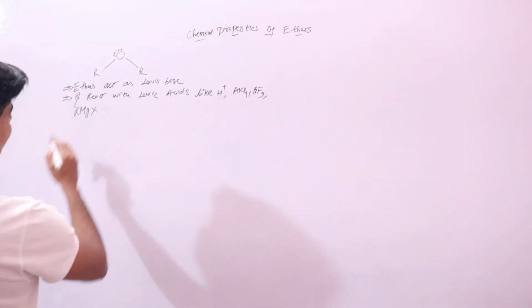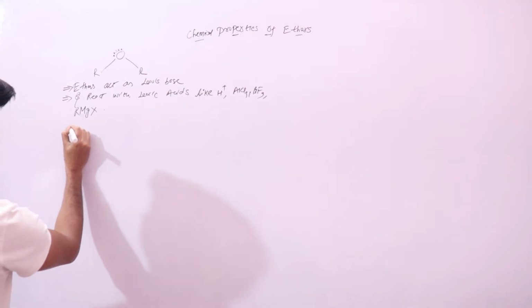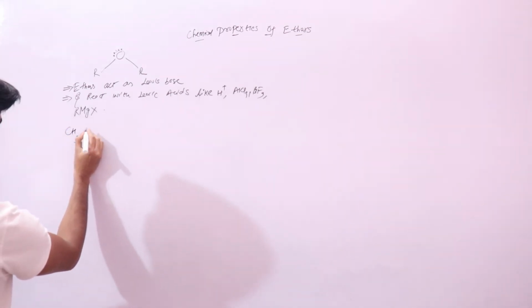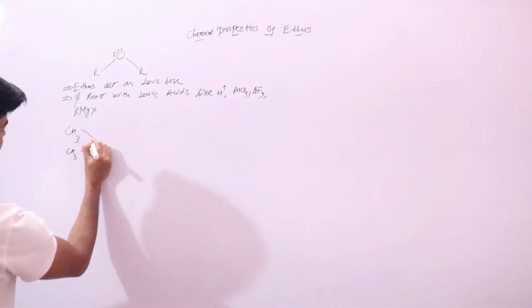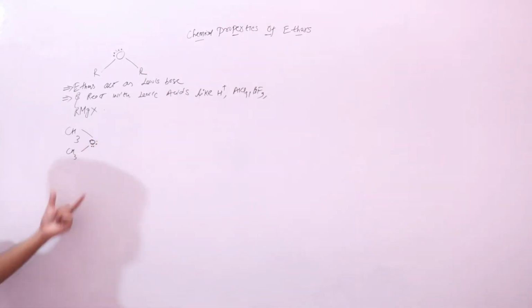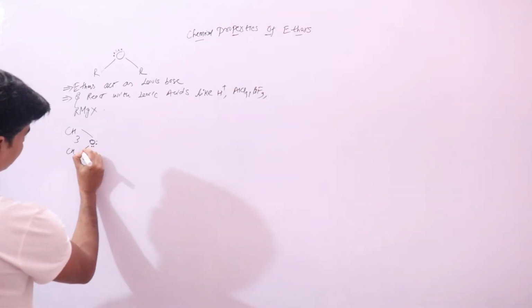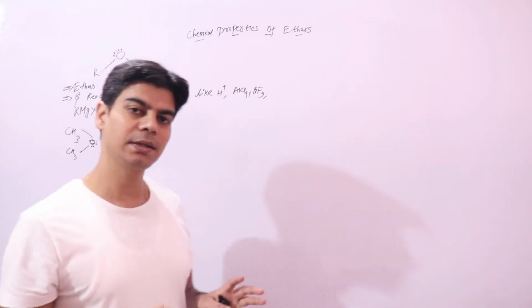Now let's take an example of any ether, say dimethyl ether. This is your dimethyl ether. In this dimethyl ether, there are different types of reactions that can take place.